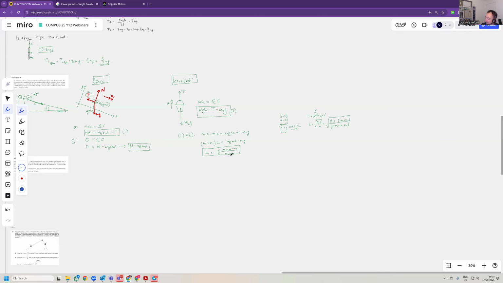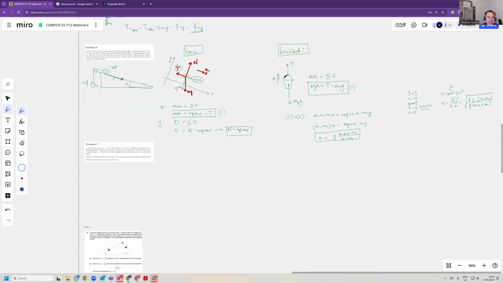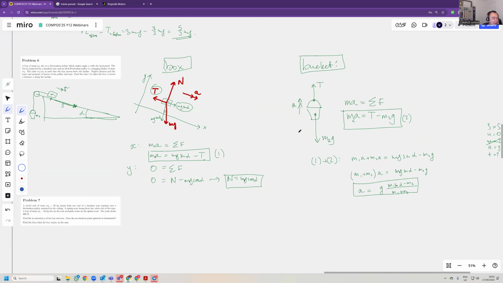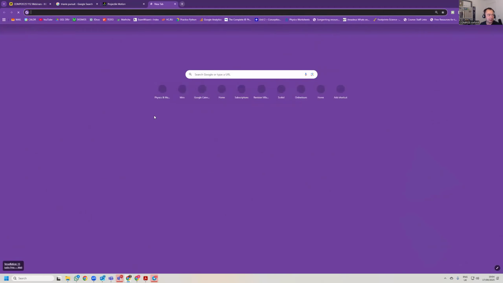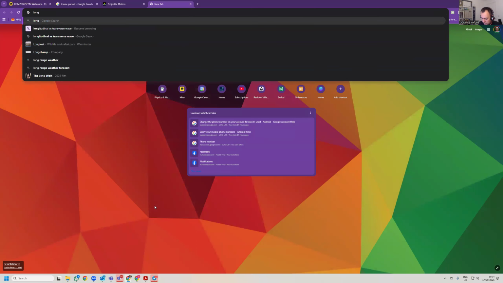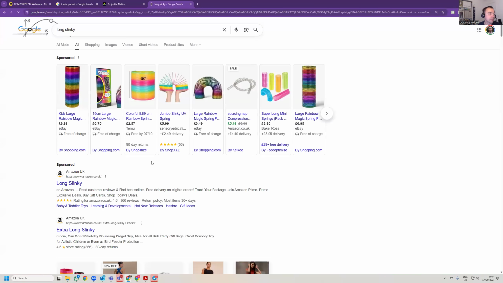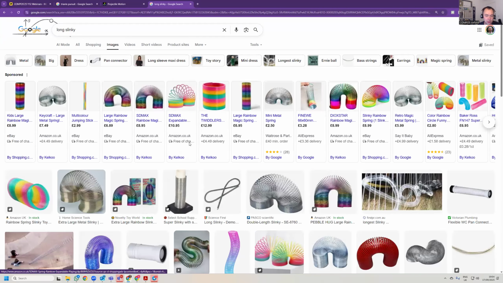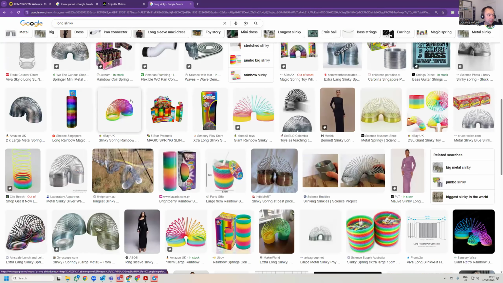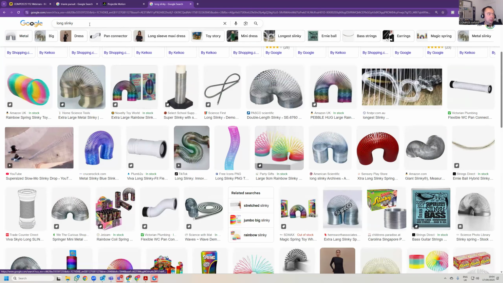So basically, if the rope is not massless, then we couldn't say that this T is the same as this T. They would be different, because if the rope is heavy, like imagine you have a heavy rope, you have more tension at the top and less tension at the bottom, like a long slinky hanging.